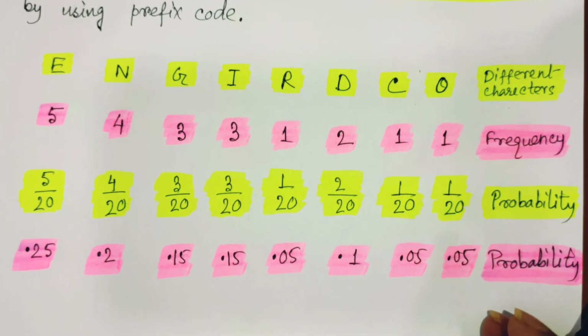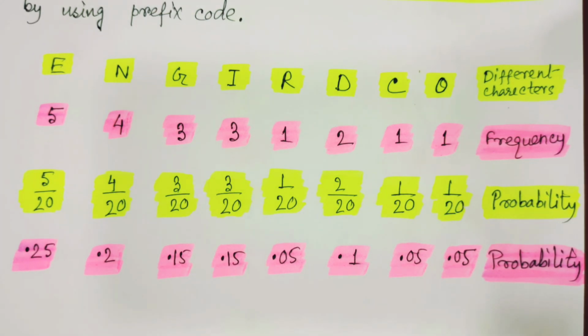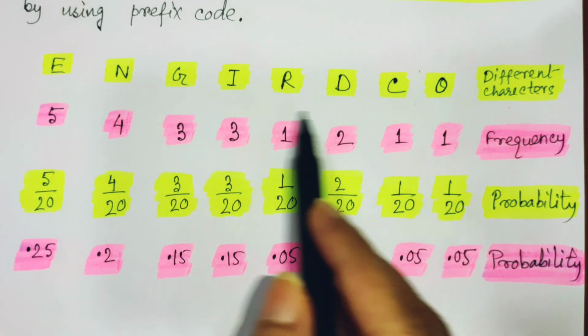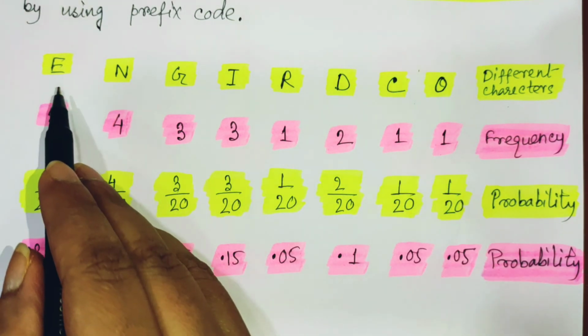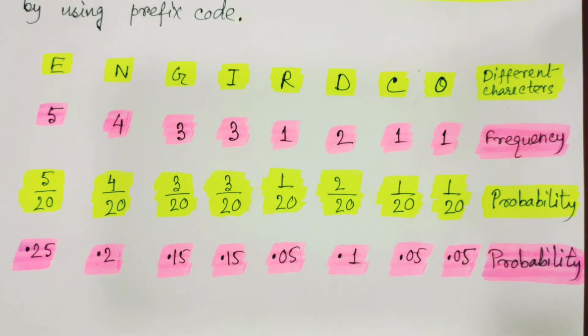So this is our basic structure which we should form for any statement we are supposed to compress or encode. Now what to do? We should form the binary tree so that we can give the prefix code to each character, because we want to replace each character by the prefix code.